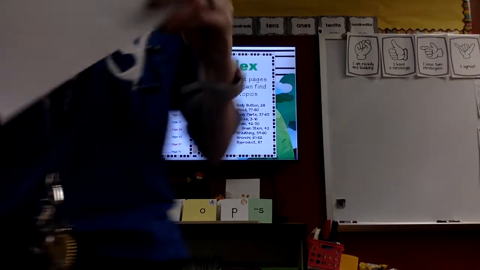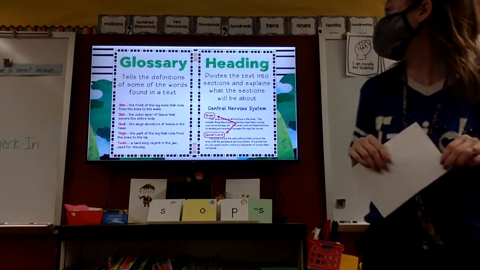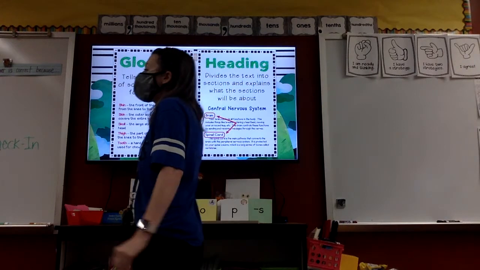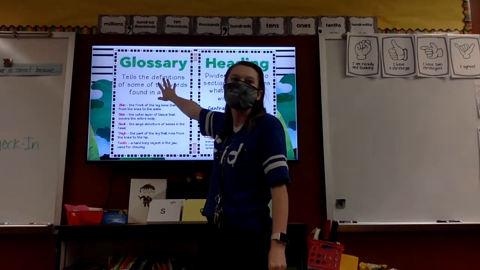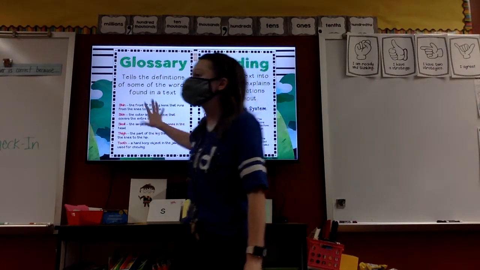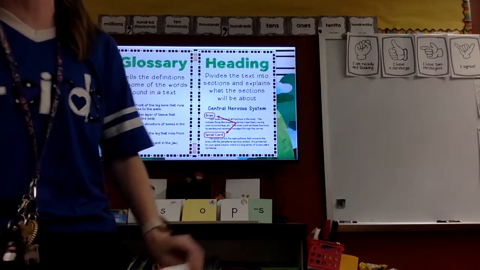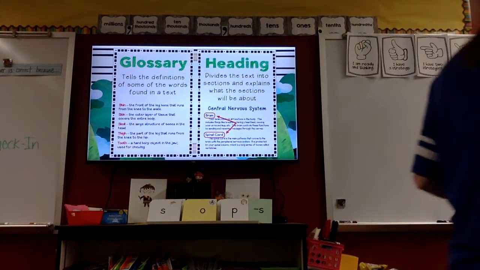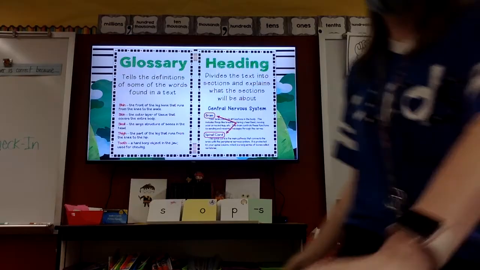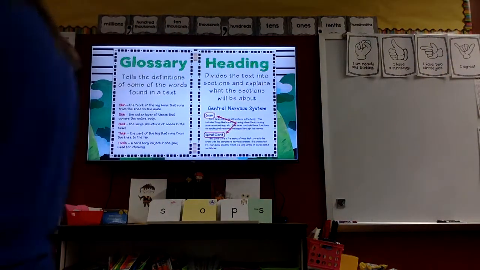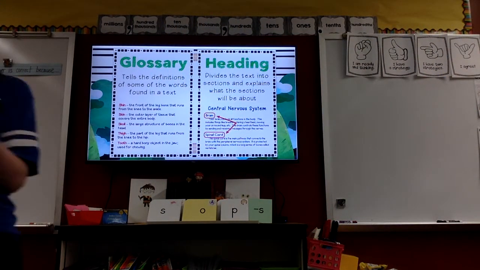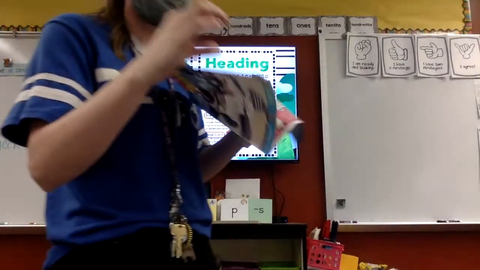All right, on the next one, we have the glossary and heading. Let's talk about the first one. Glossary. Say this to me. This is? Glossary. Okay. This tells me the meaning of words in a book. So, in my Scholastic magazine, I know that sometimes I'll come across words that are in big, black, bold letters.